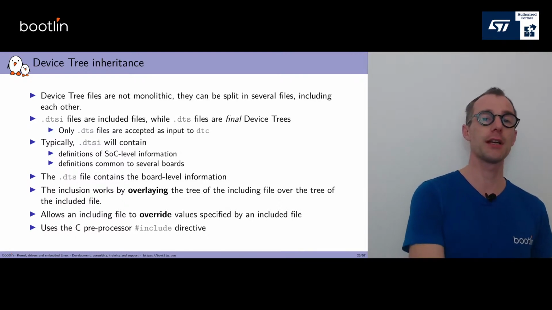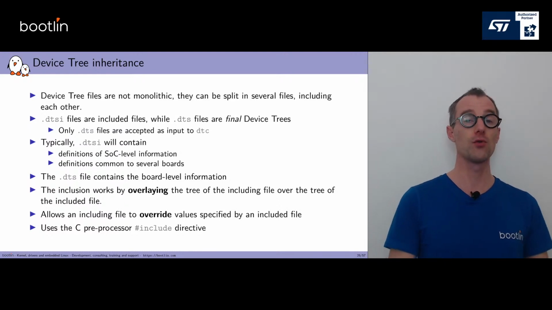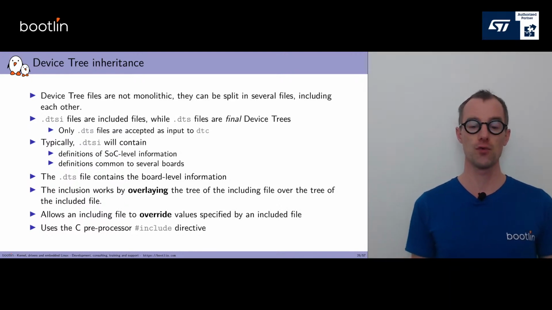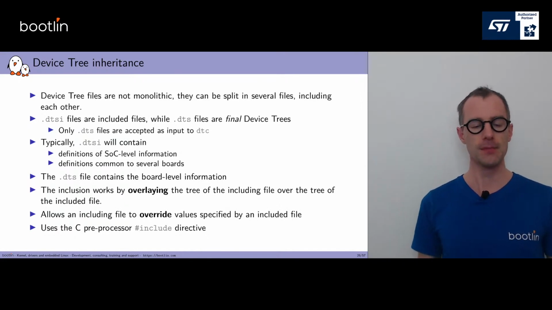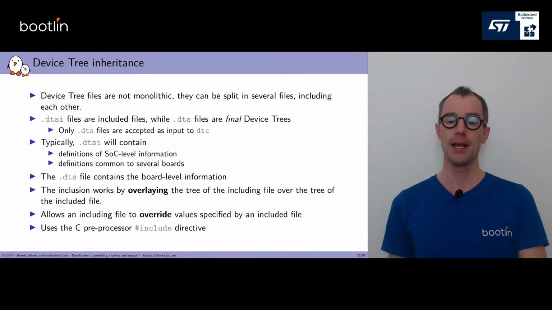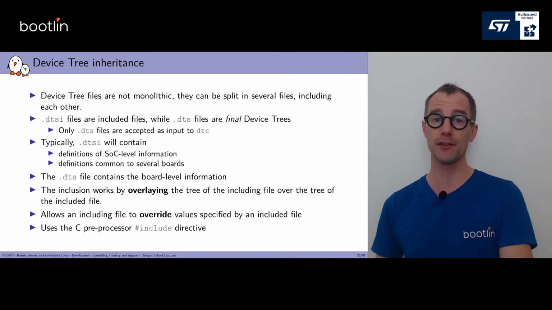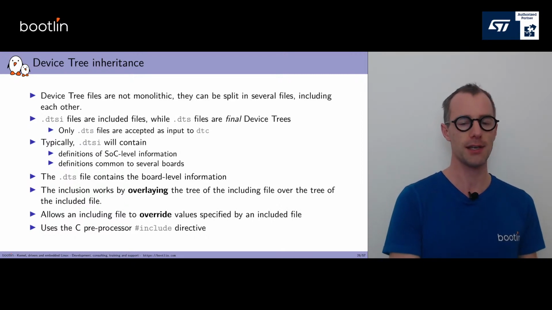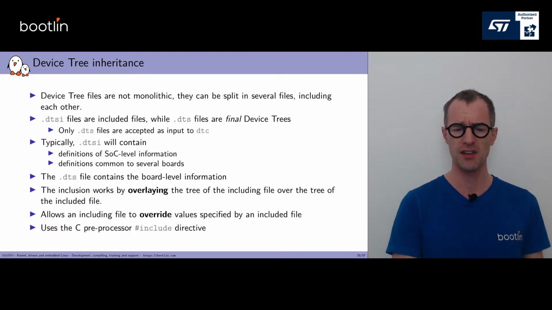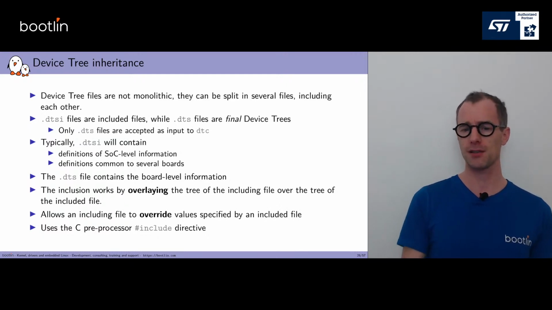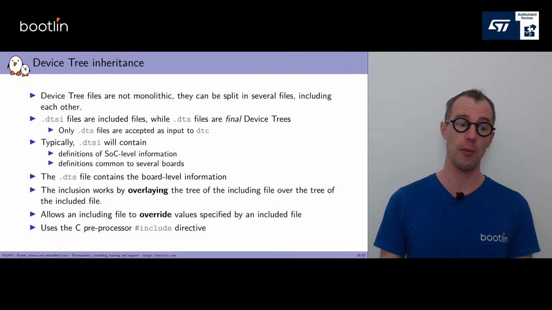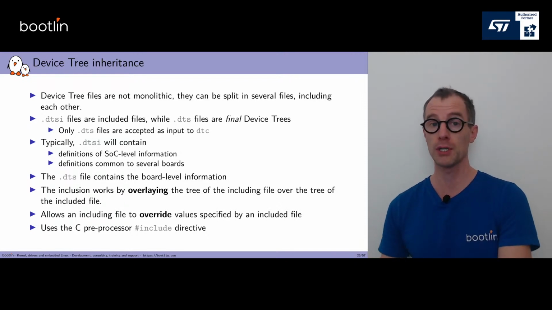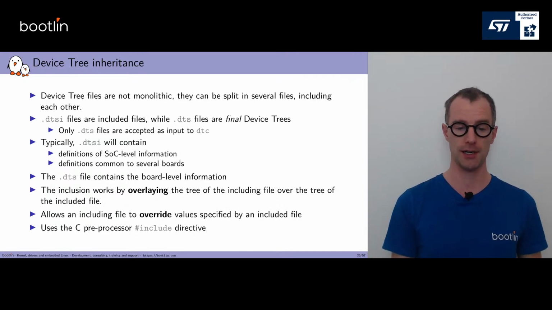And then we can include those DTSIs into our DTS to describe completely the hardware platform that we have in front of us. So the final DTS is the only one that can actually get built by DTC. If you feed a DTSI to DTC, I think it doesn't even build it, or at least it doesn't make a lot of sense, as by convention, only a DTS stores board level information that you can build into a DTB and feed into your Linux kernel.